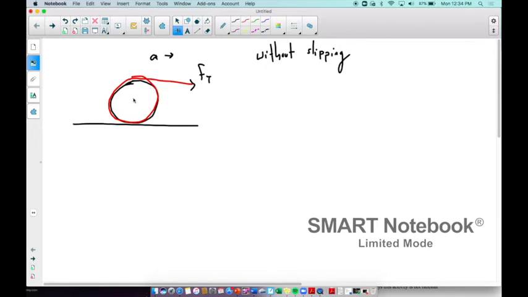Here's how I know that. Here's the axis of rotation, right? And this force is applied right here at this point, which is a distance r, where r is the radius, away from the axis of rotation. So what I have here is a torque, don't I? I have a force that's being applied at some distance away from the axis of rotation.